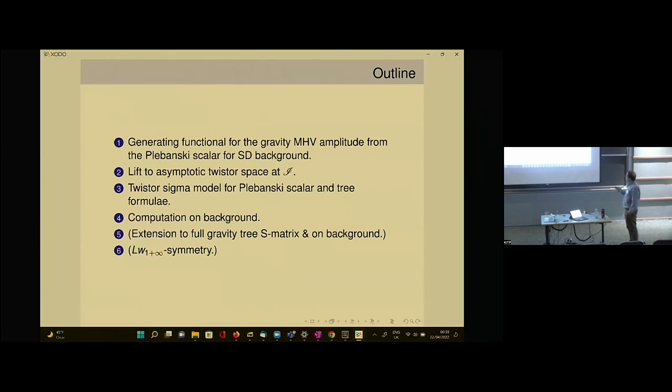And so one of the first things that we do, at least in the MHV case, is reformulate the Einstein-Hilbert action on a self-dual background to give you something rather neat and unexpected. And this then lifts to twistor space, and it can be related to a chiral sigma model inside that twistor space. And then you can do the computation. There are various things that one could do with that afterwards, but I almost certainly won't have time.